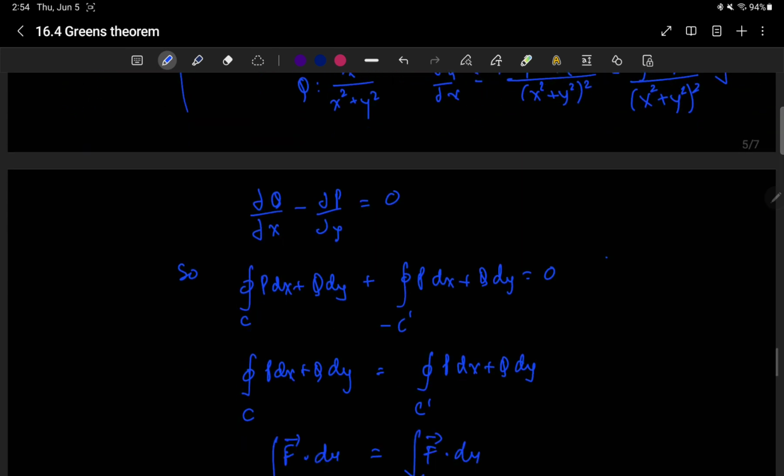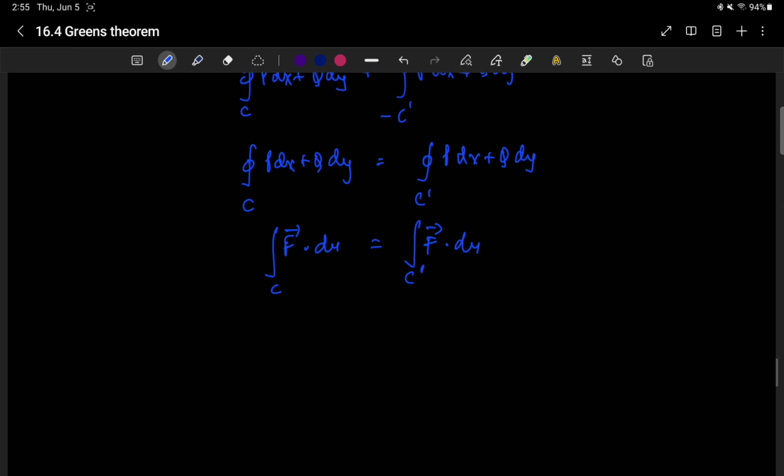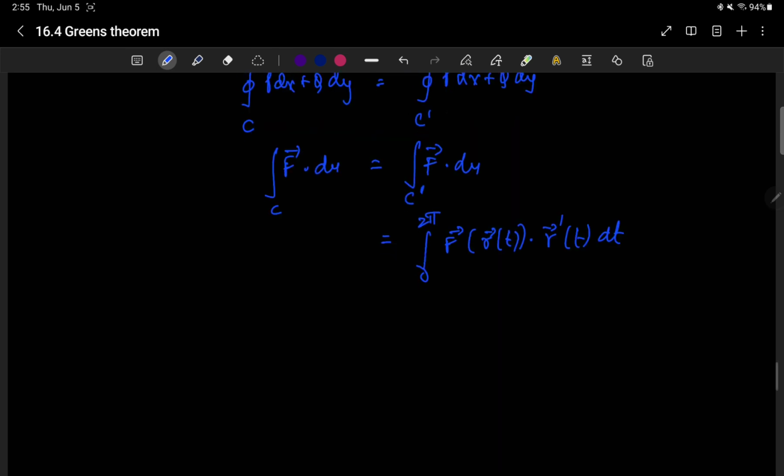But C prime is just a circle with radius a, which we can find. And this is just the integral from 0 to 2 pi of f of r(t) in vector notation times r prime of t dt.